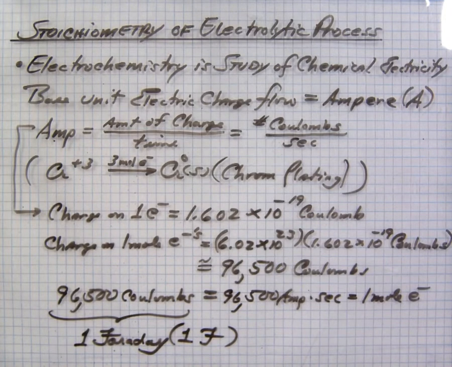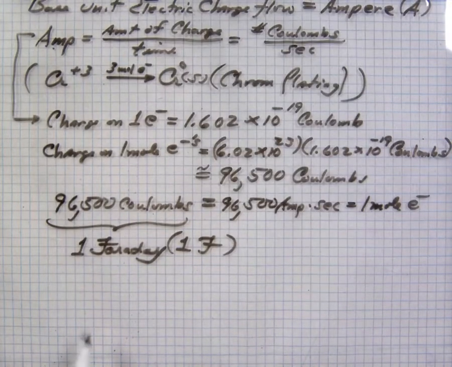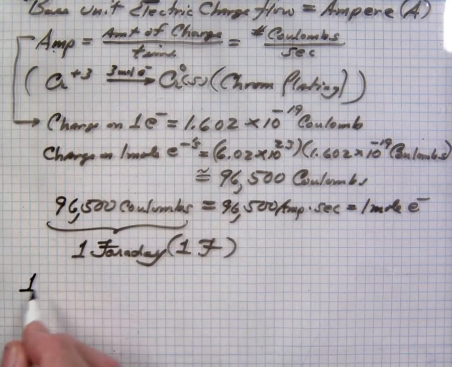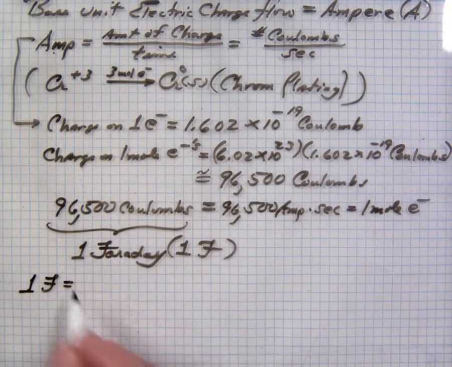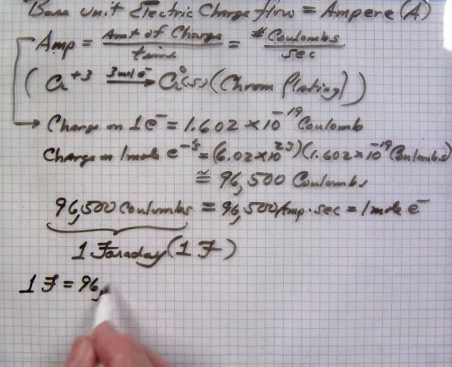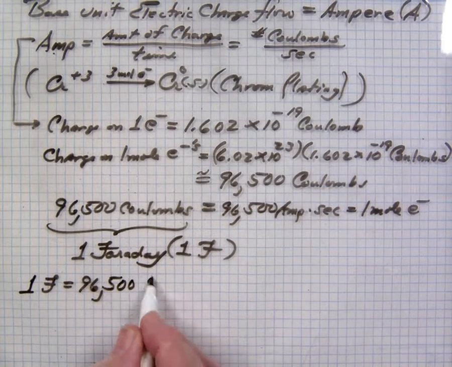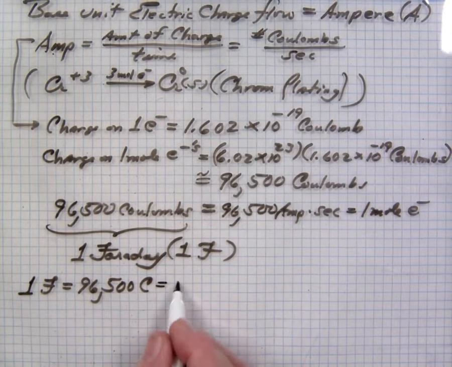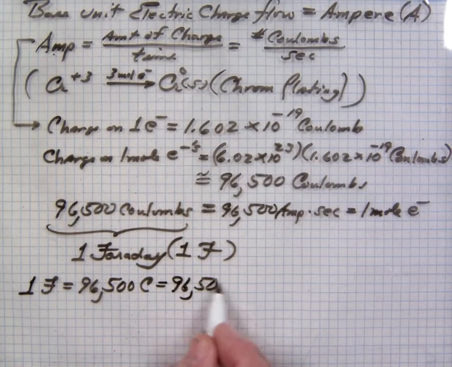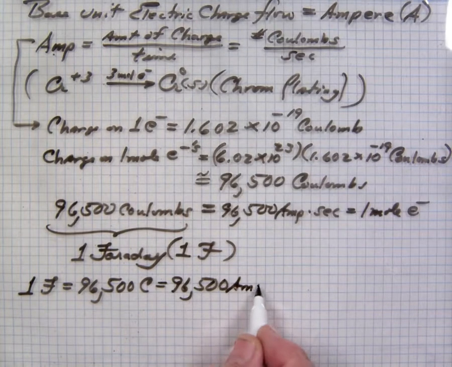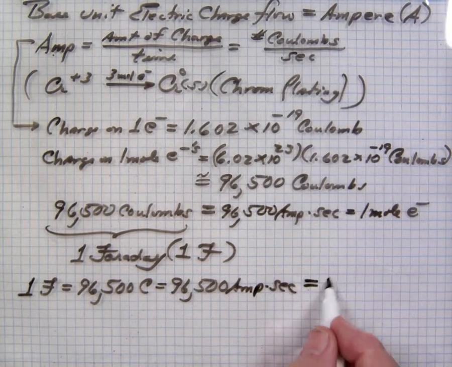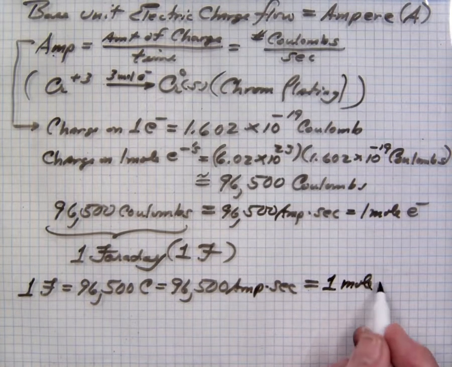So we now have a sequence of relationships, and we can say 1 Faraday is equal to 96,500 coulombs, with capital C for the coulombs, which is 96,500 amp seconds, which is equal to 1 mole of electrons.